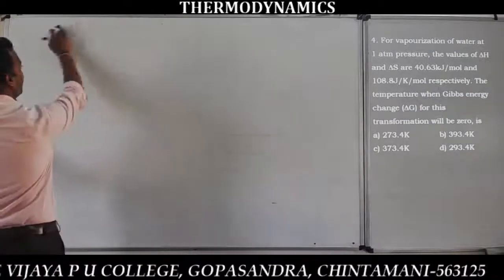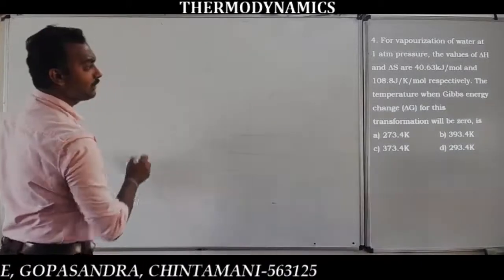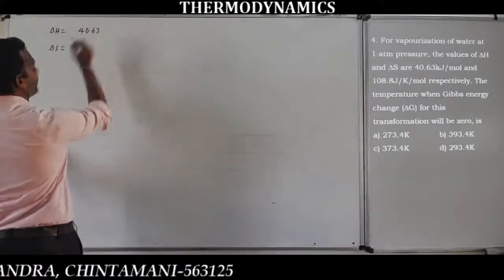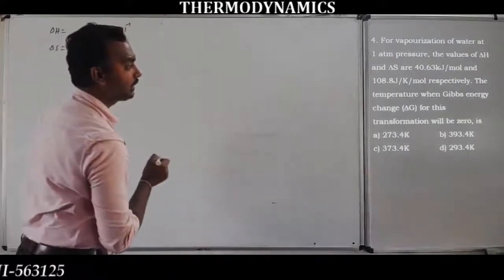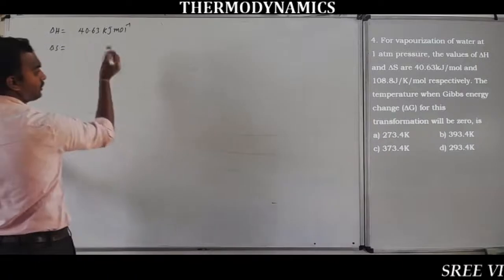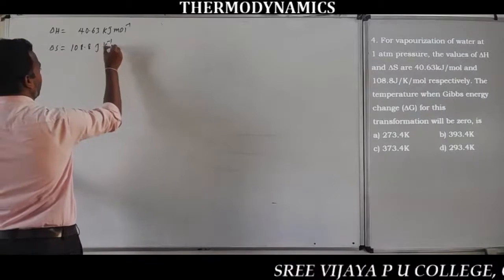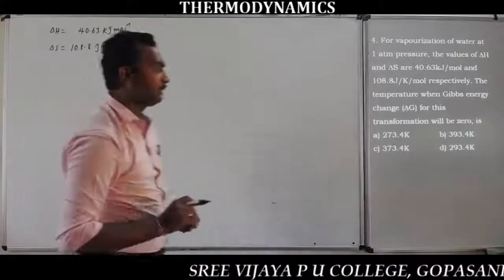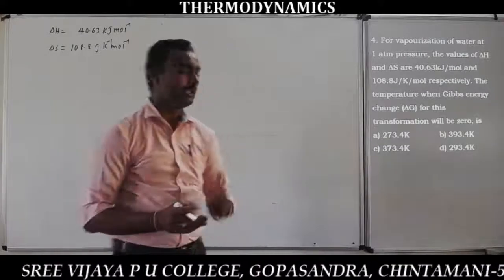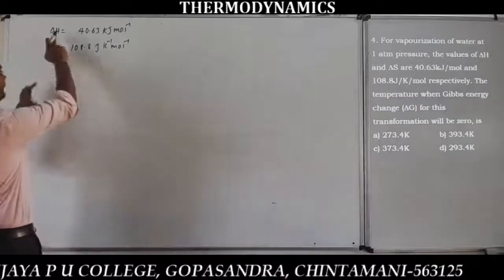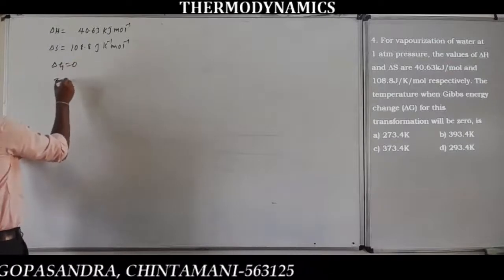Delta H value is 40.63 kilojoule per mole, and delta S is 108.8 joule per mole per Kelvin. Respectively, at what temperature will the Gibbs energy change for this transformation be 0? Again, directly delta H and delta S are given, with Gibbs free energy 0, at what temperature.